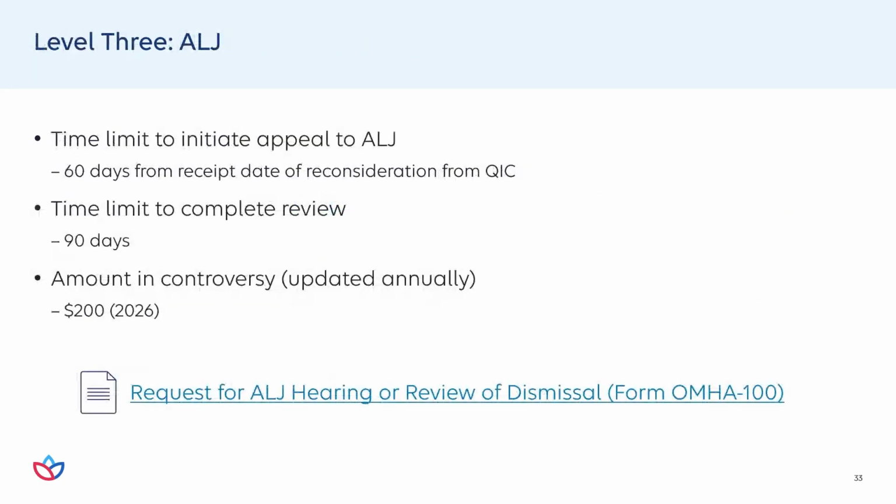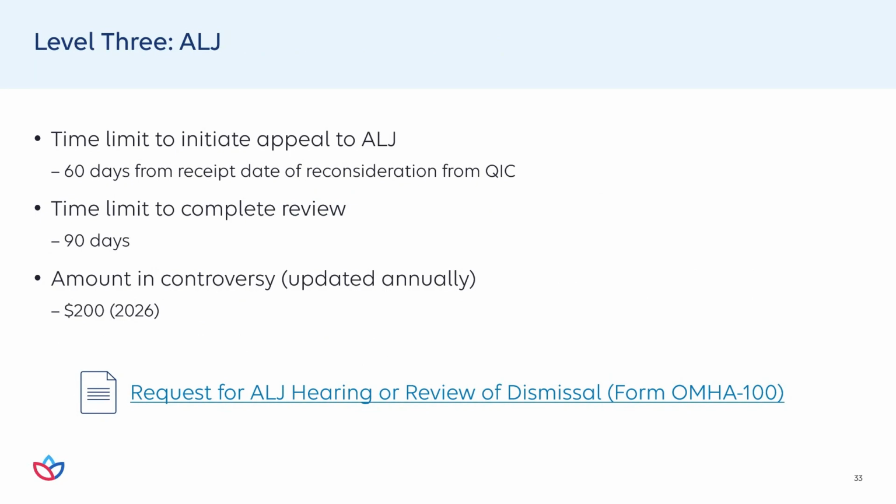All right, moving on to Level 3. The third level of appeal is with the ALJ, ALJ meaning Administrative Law Judge. The time limit to initiate an appeal to the ALJ is 60 days from the receipt date of your reconsideration from the QIC. Their time limit to complete their review is 90 days, and there is an amount in controversy here.